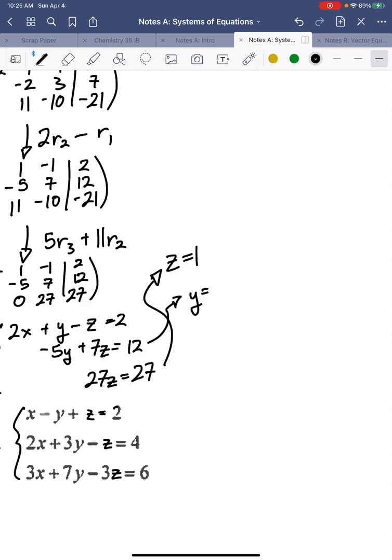Then plugging that into the second lowest equation, y equals negative 1. Because if you have z equals 1, 12 minus 7 is 5, so negative 5y equals 5. So you have to multiply that by negative 1 to give you 5.